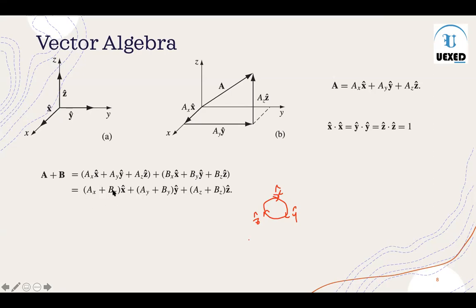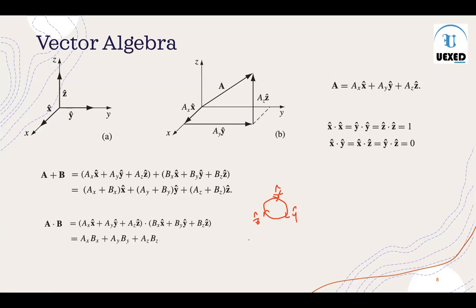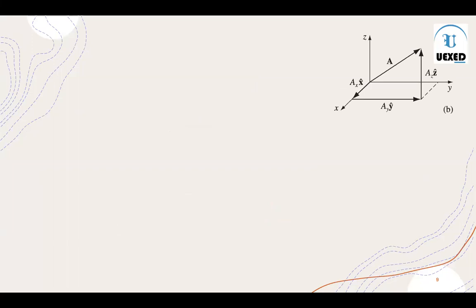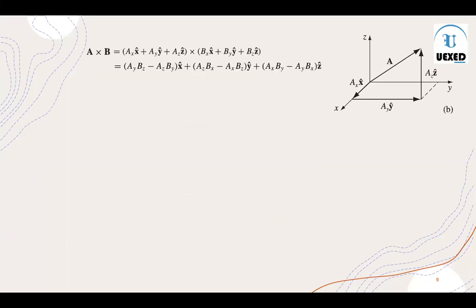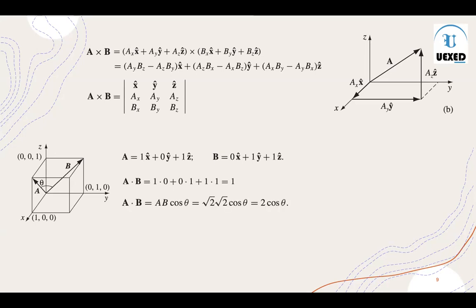If you have the x direction components of these two vectors, we add them up and multiply with the unit vector direction, etc. Then we learned about the dot product of the unit vectors, and we know why this happens. I'm just skipping this very fast. And then we learned about the cross product, etc.